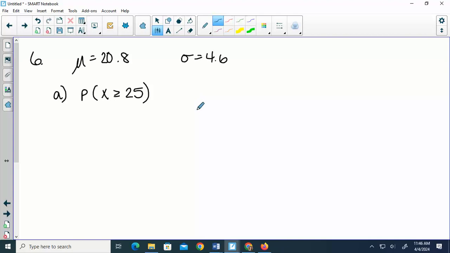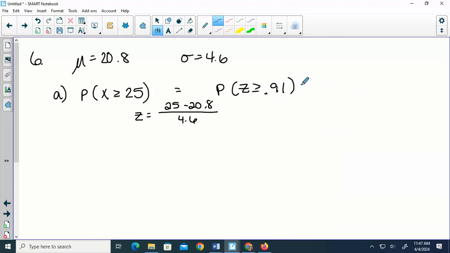What do we have to do? Z-score. If we want to look it up on the table, we need our Z. Z is our value minus the mean divided by standard deviation. So 25 minus 20.8 divided by 4.6. So we are finding the probability that Z is greater than 0.91.